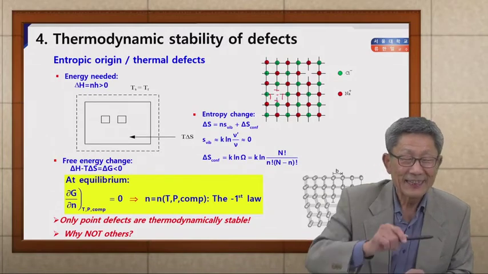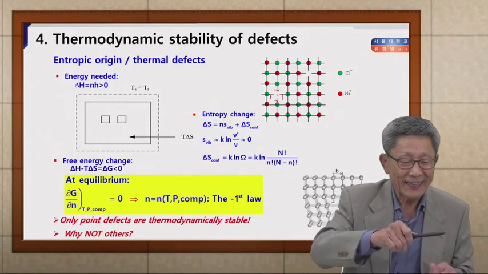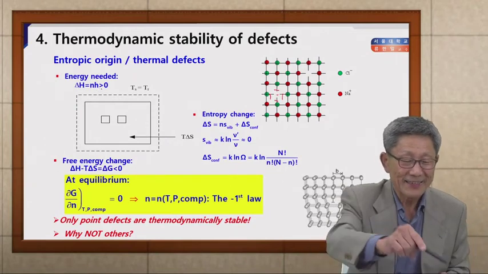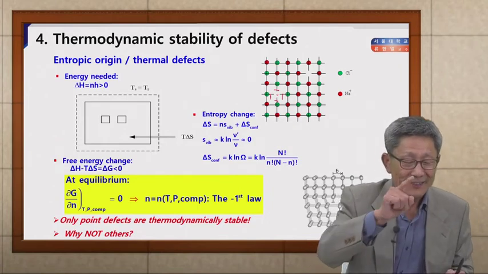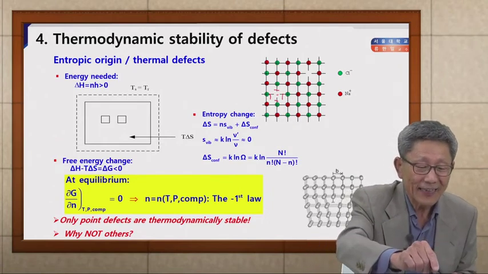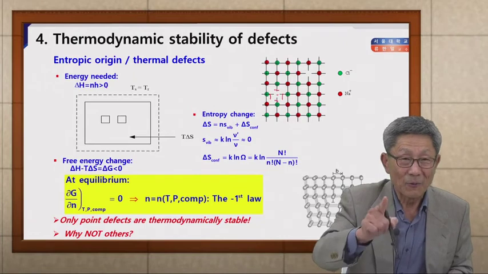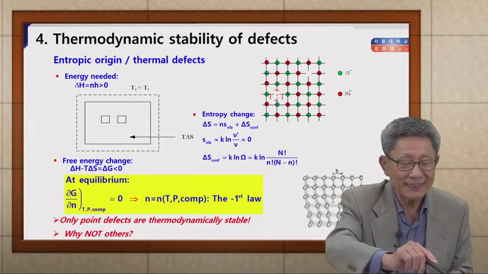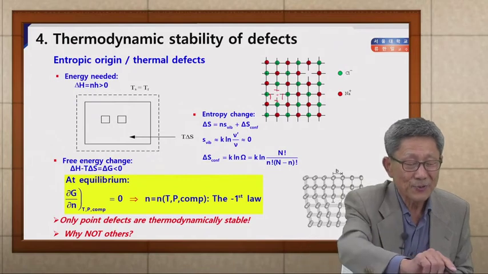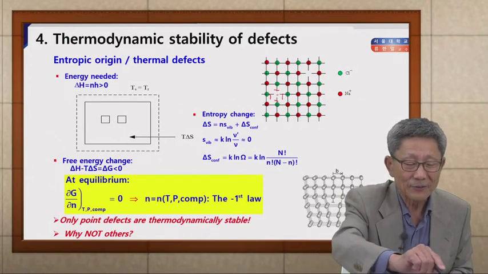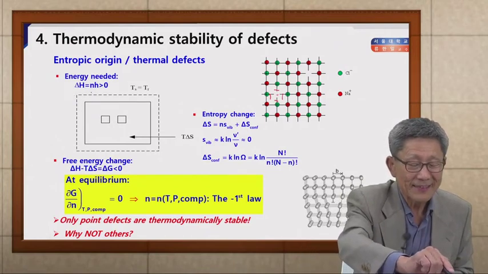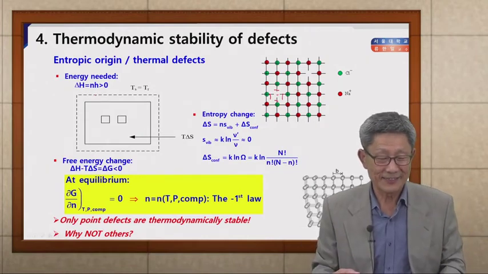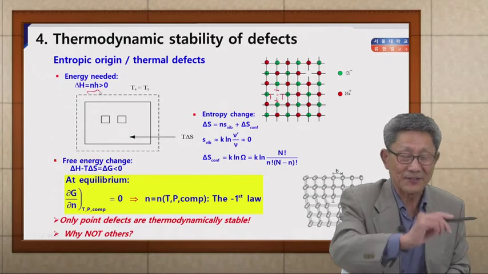So suppose that you need an energy, in this case enthalpy, just a small h, to make one vacancy. Then when you make n vacancies, you have to supply to the system n times h of energy.